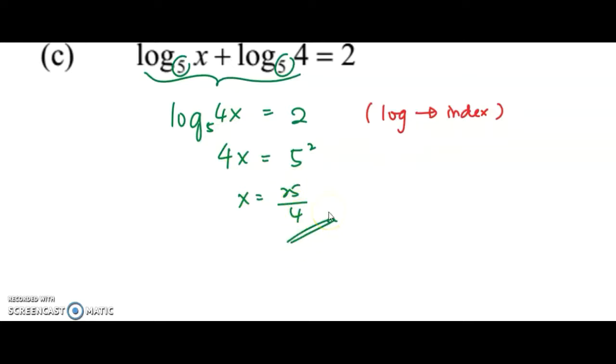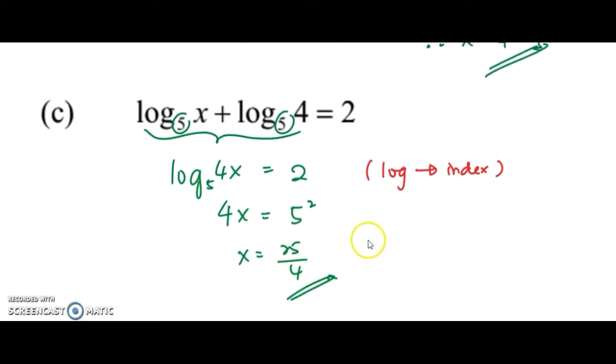This is your answer, and we always can check our answer by substituting back the 25 over 4 into the x. Put the 25 over 4 here, you can always get the calculator to help check the value of log 25 over 4 to the base of 5.